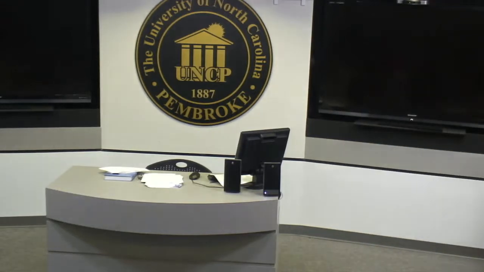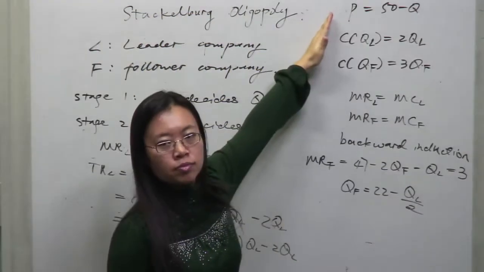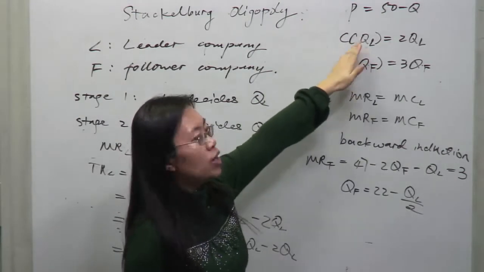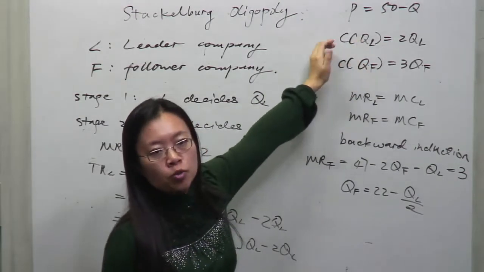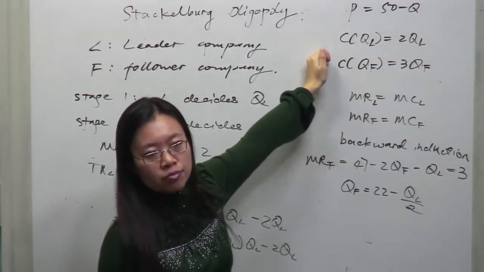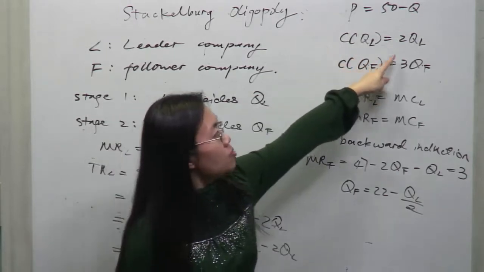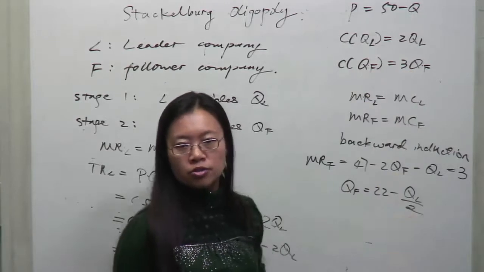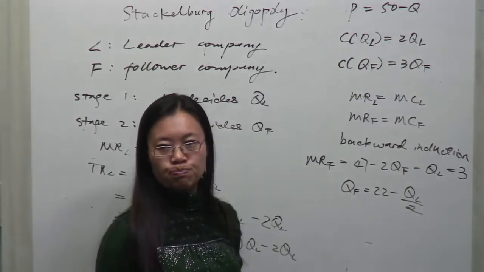If we put this setting in a Cournot setup, not QL, it would be Q1, Q2. Q1 and Q2 would not be the same. Why? Because the cost information is different.